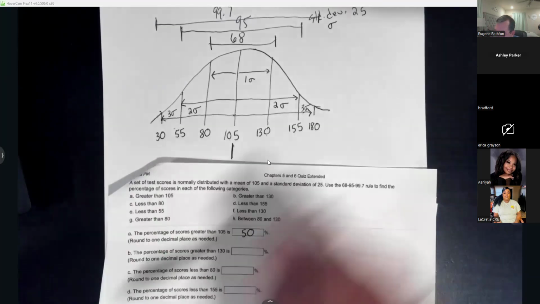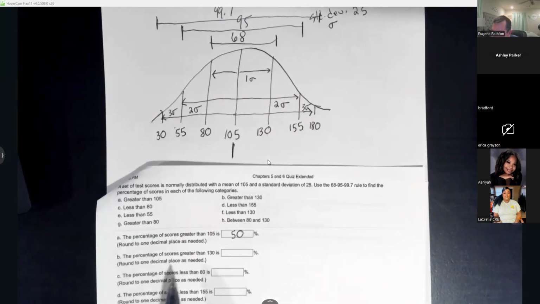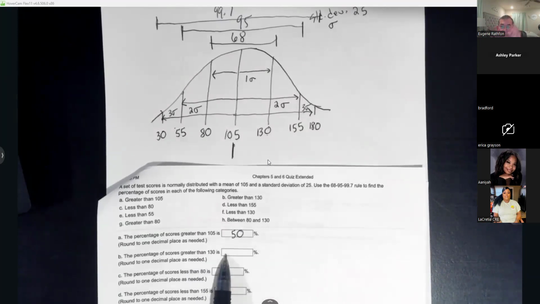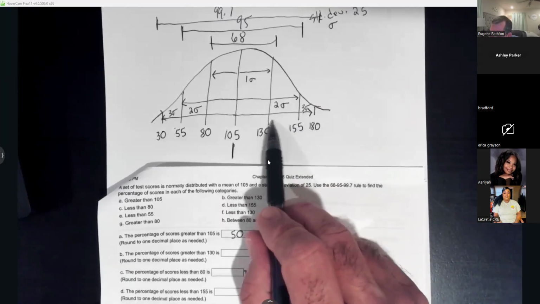All right, trying to make this where we can see it a little better. Then they want the percentage of scores greater than 130. Well, that's going to be all of this right over here.